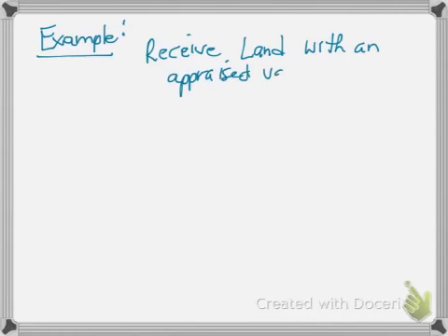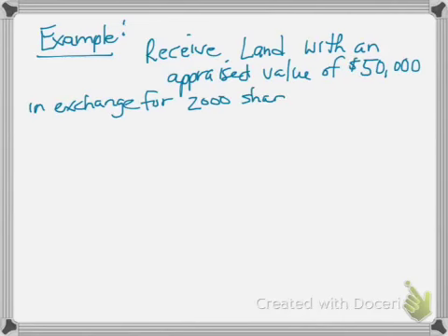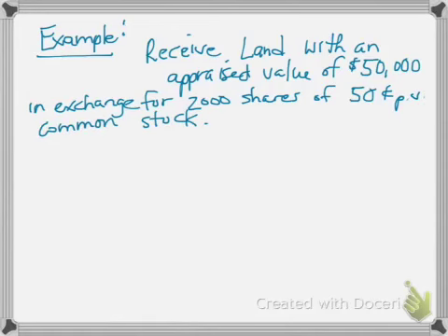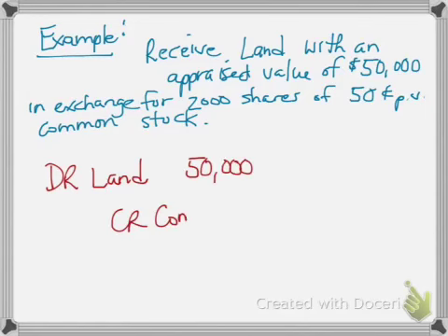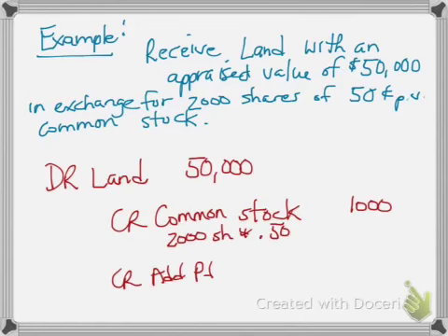So let's look at an example. What if we received land, and the land has an appraised value of $50,000, and we got that in exchange for 2,000 shares of 50-cent par value common stock? How would we record the entry? Well, instead of debiting cash, we are going to debit land for $50,000.